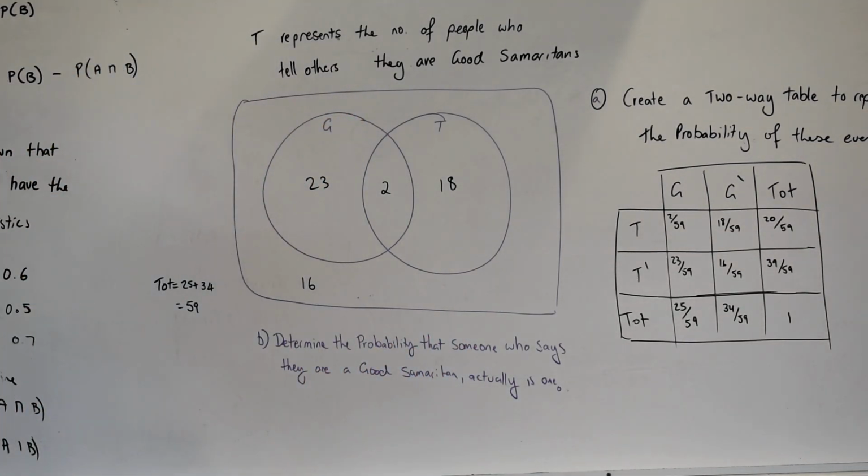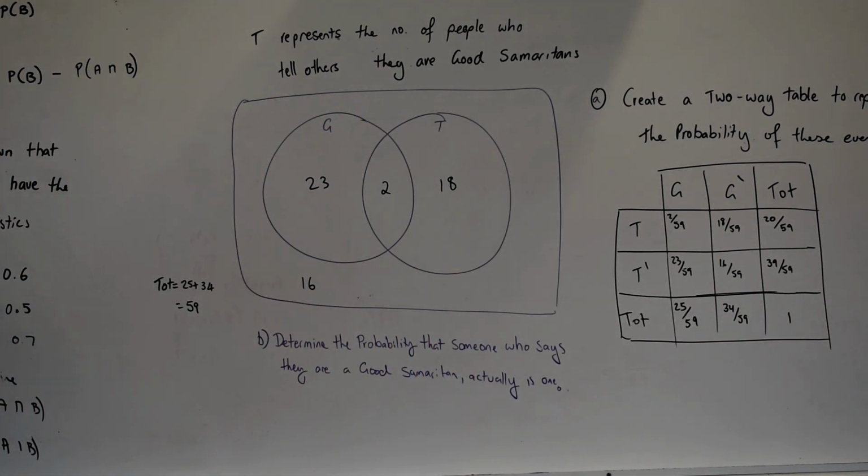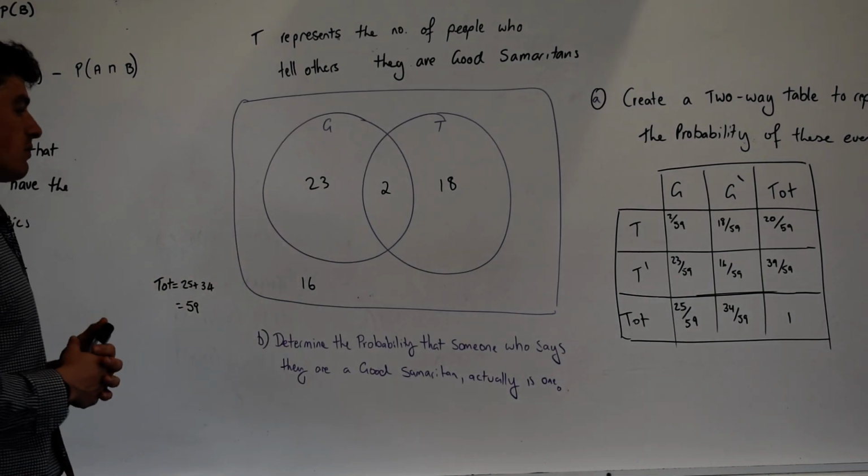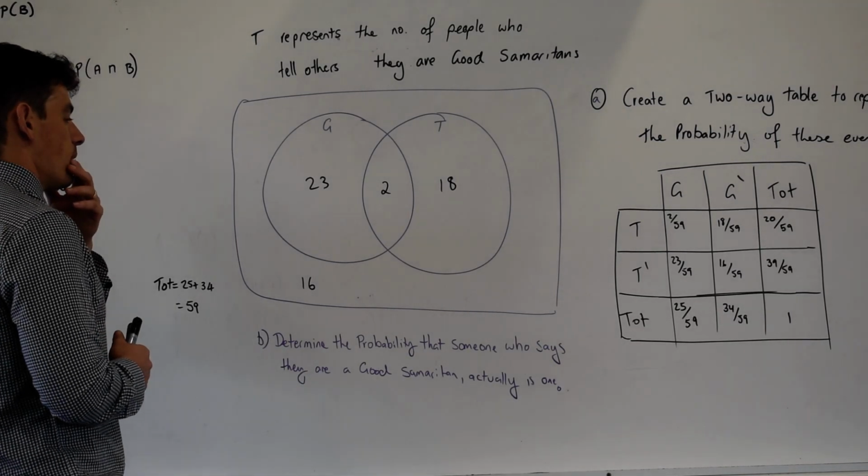Cool. So I just added the total and divided each of those terms. I'm going to leave them in fraction form because I didn't give us a nice gentle number. I should have done it over 50, but I didn't.